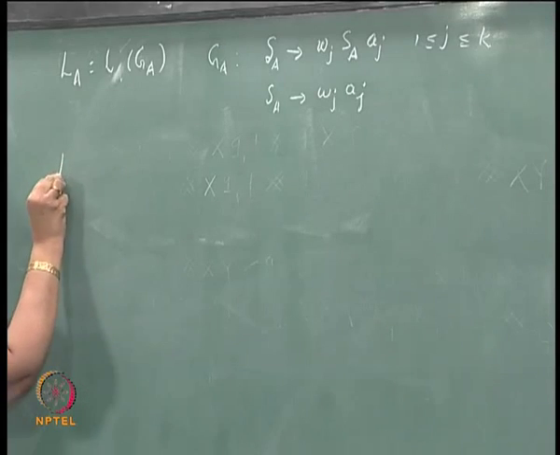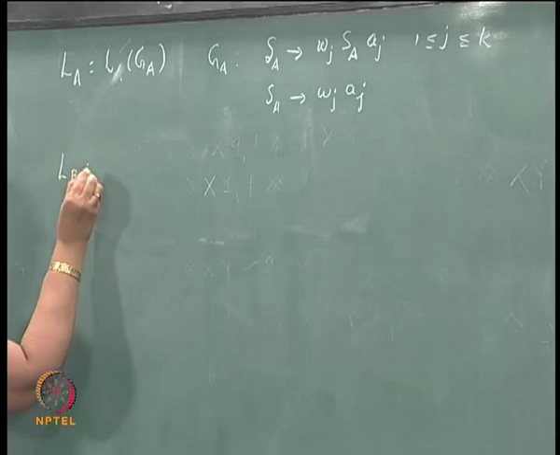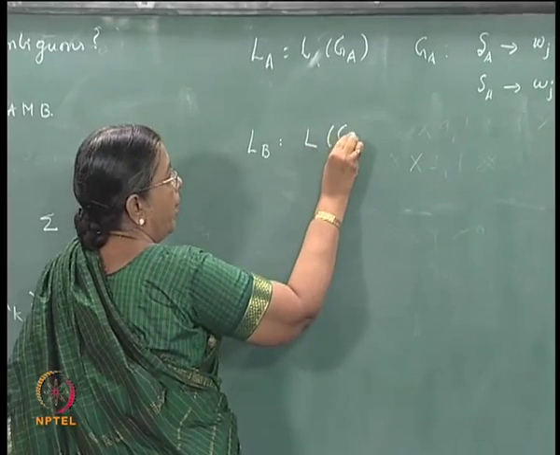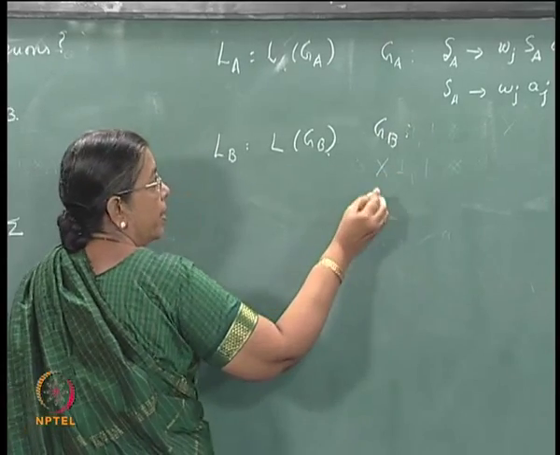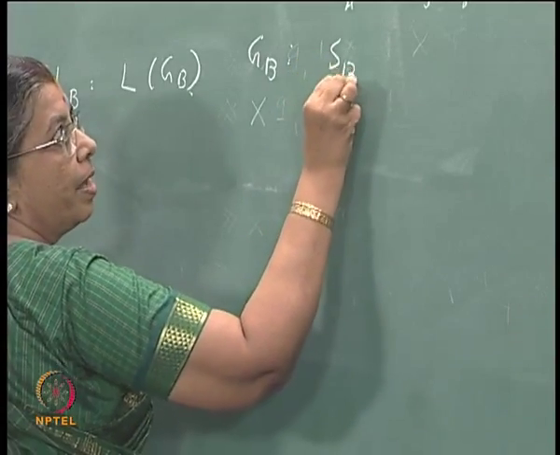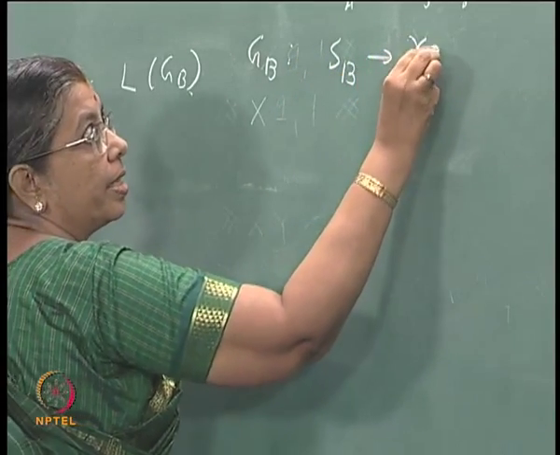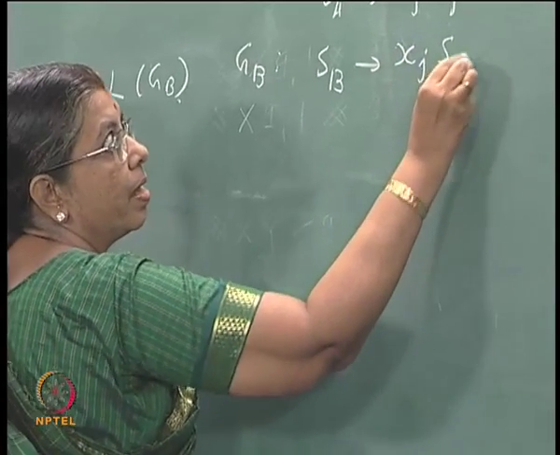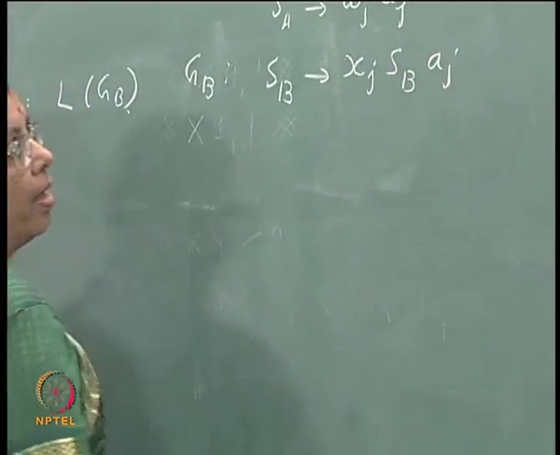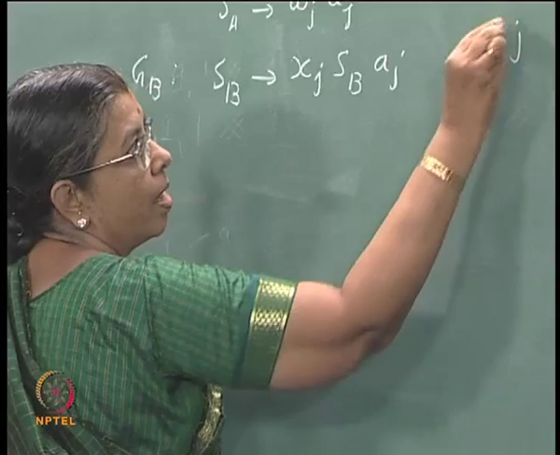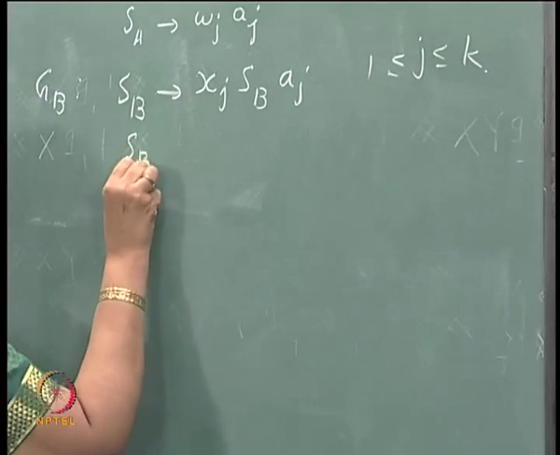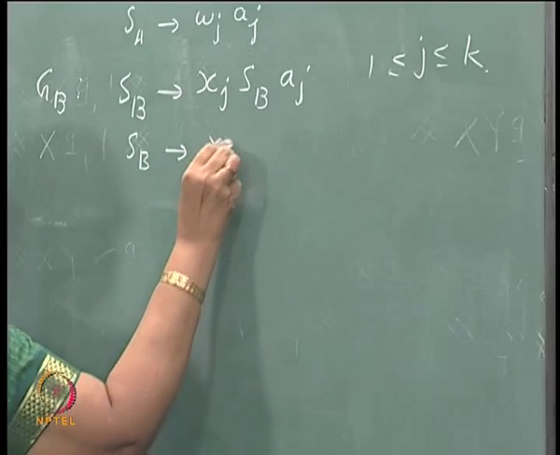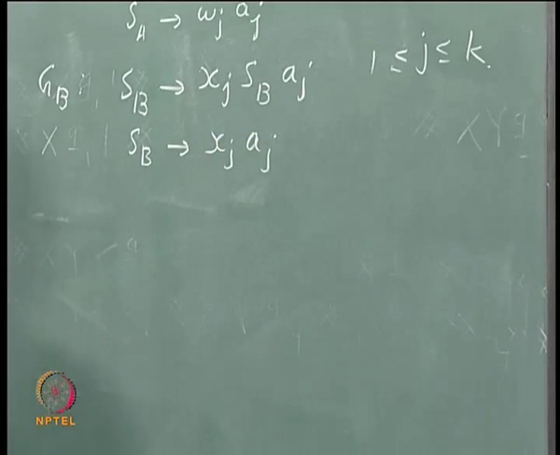Similarly, LB will be generated by another grammar. SB goes to Xj SB Aj, again j will be between 1 and K, and SB goes to Xj Aj.